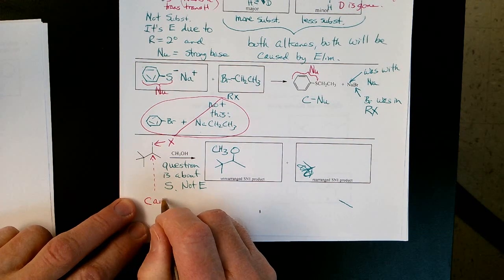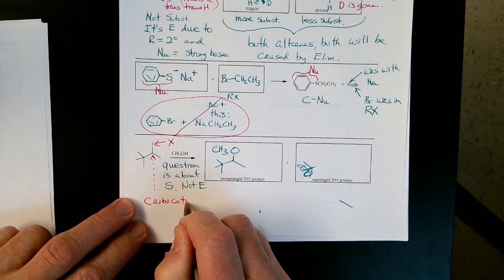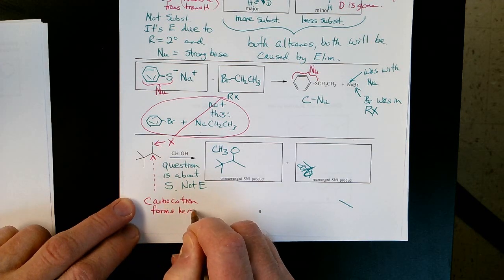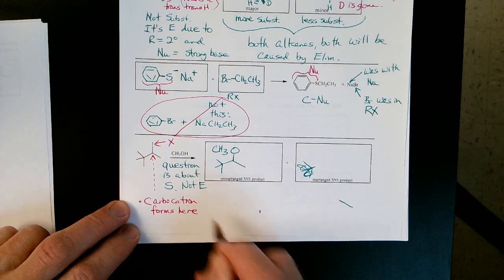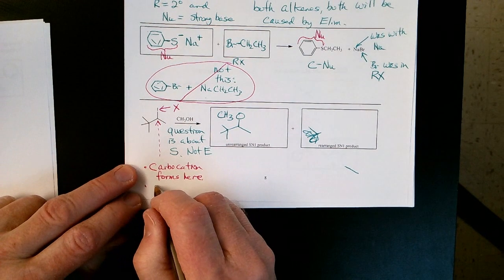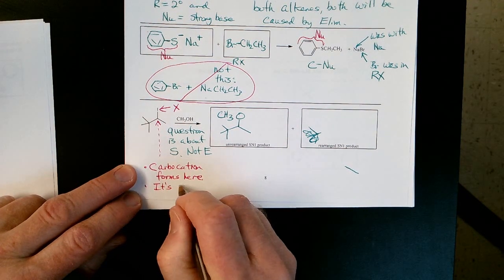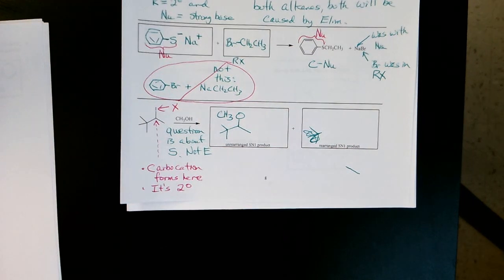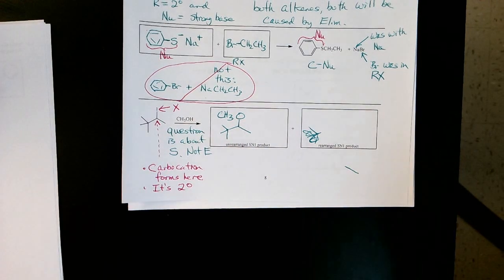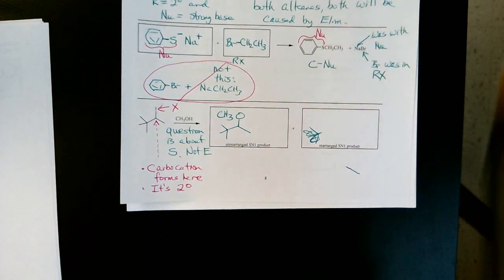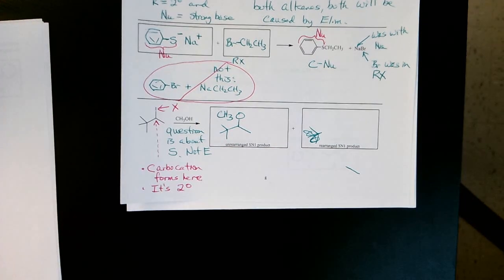Remember that your charge in the carbocation forms here, and once that does happen, the carbocation is secondary. And that's okay. The structure that you're asked to complete in the first box says just give the product the way it would look at its simplest. No rearrangements, just do it.